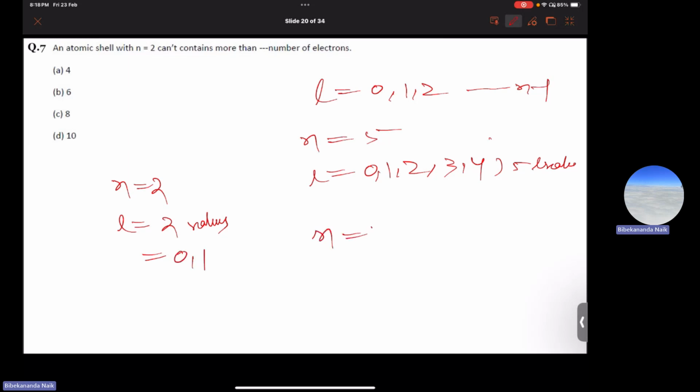Now corresponding to n equal to 2 and l equal to 0, we have 2s. Then corresponding to n equal to 2 and l equal to 1, we have 2p. So these are the two levels, 2s and 2p.